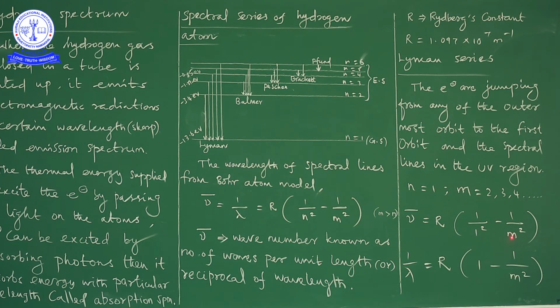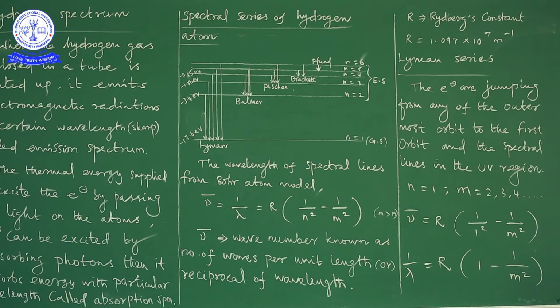Here m is not replaced because m has many values: 2, 3, 4, 5 and so on. While substituting, nu bar is replaced by 1 by lambda, which is equal to R into 1 by 1 square, which becomes 1 only, minus 1 by m square. So while calculating the wavelength of the Lyman series, 1 by lambda is equal to R into 1 minus 1 by m square.